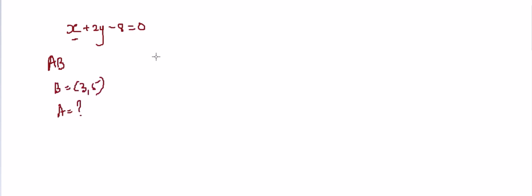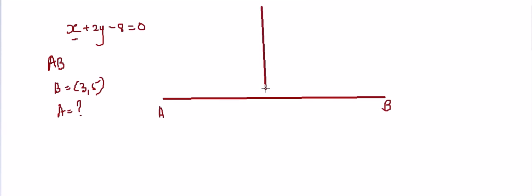So let me draw this roughly. Basically there is a line and its endpoints are A and B. And then there is another line. This line is perpendicular bisector to this line. So x plus 2y minus 8 equals 0 is perpendicular bisector to AB.